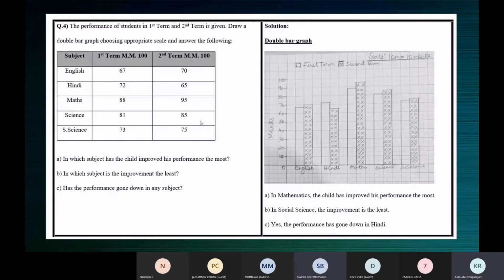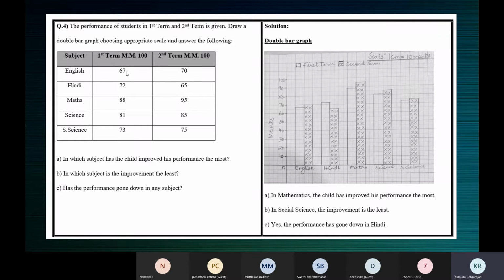Ma'am, here 7 marks are increased. Correct. You can double check here. Here he's improved only by 3 marks. Here he or she has gone down. Here improved by 7 marks. Here 4 marks. Here 2 marks. So in mathematics, the improvement is the most.